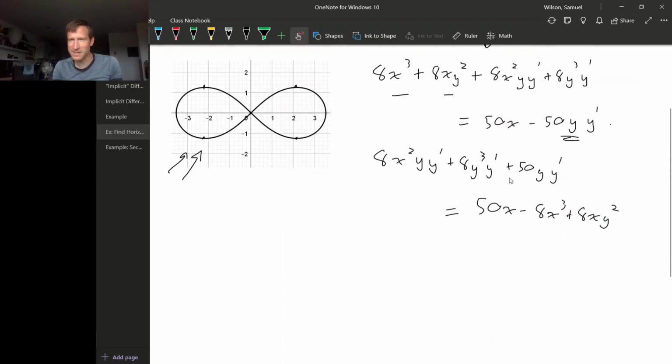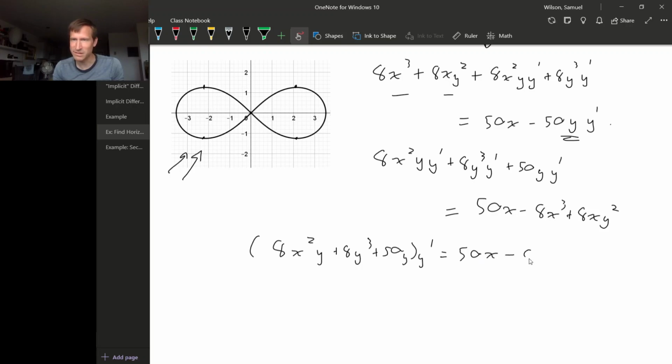All right, now on the left hand side we need to factor out a y prime, so 8x squared y plus 8y cubed plus 50y all times y prime equals 50x minus 8x cubed plus 8xy squared.